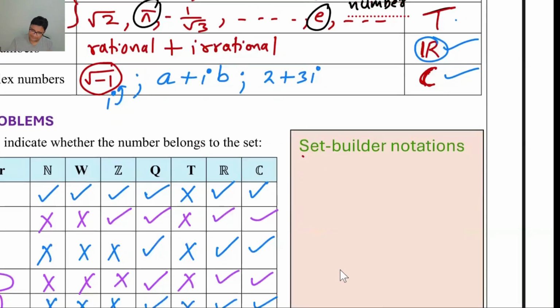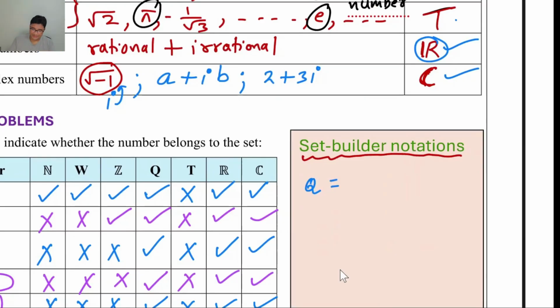There is another very useful and very popular method of representing these sets or any other sets, called the set builder method. The best example in this context is going to be the rational numbers.